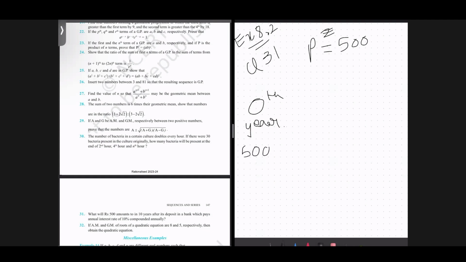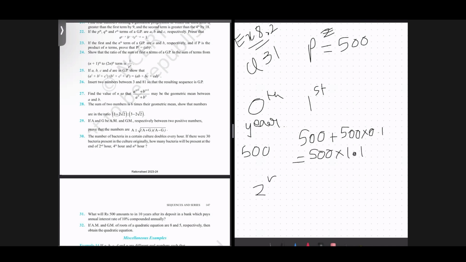right? At the end of first year, you receive an interest of 10%. So your amount 500 plus 500 into 0.1 will become 500 into 1.1.